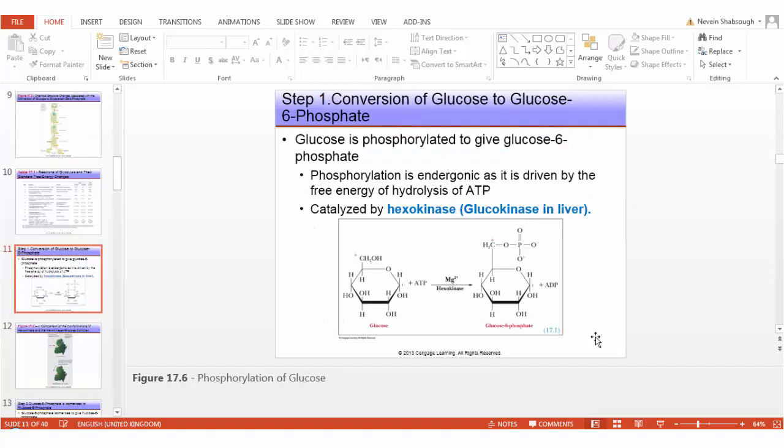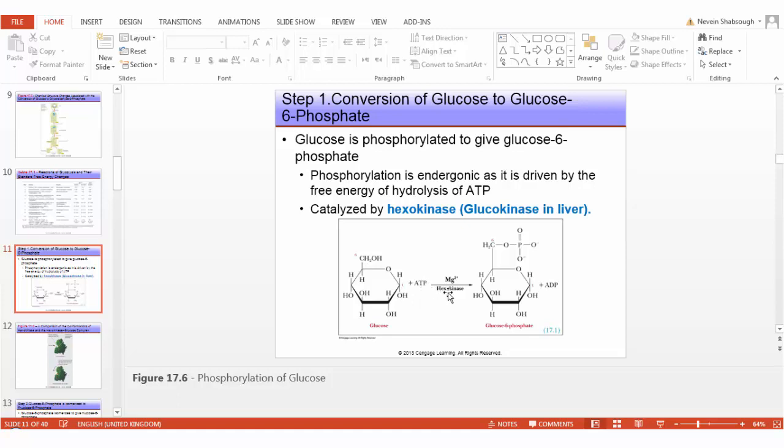Now let's take the 10 steps step by step. Step number 1, conversion of glucose to glucose 6-phosphate. As you can see here, this is the Haworth formula for glucose. You see the anomeric carbon number 1 here.